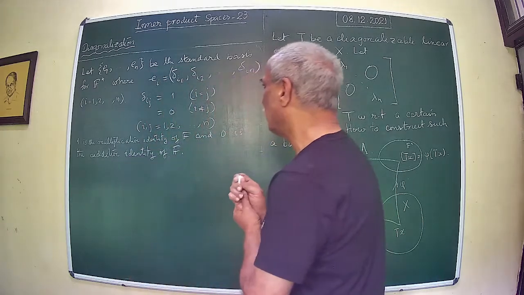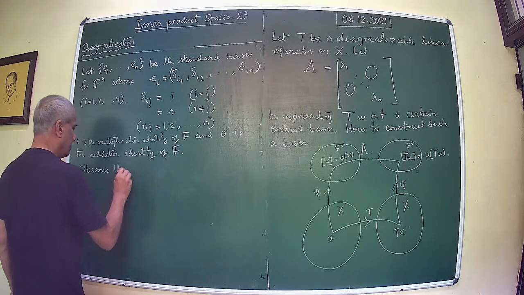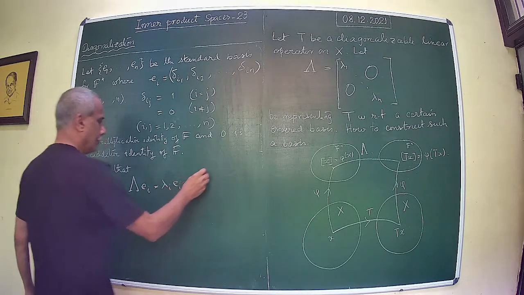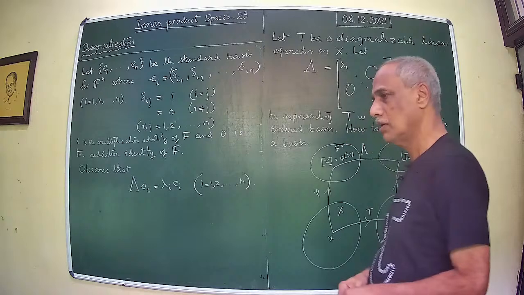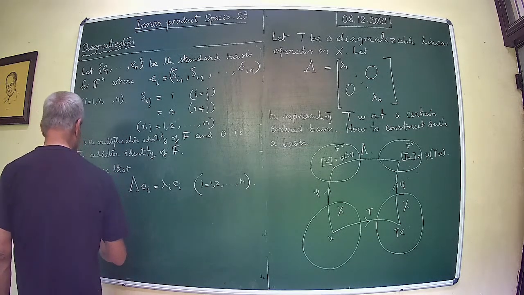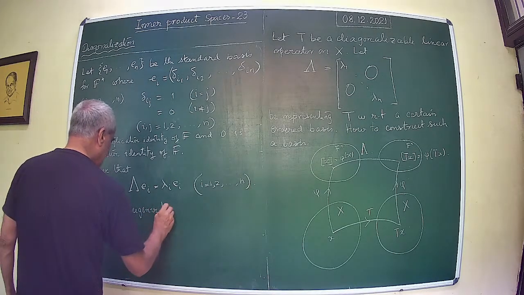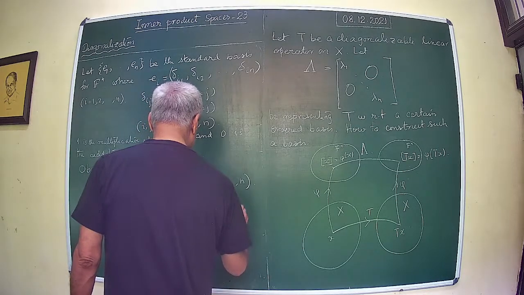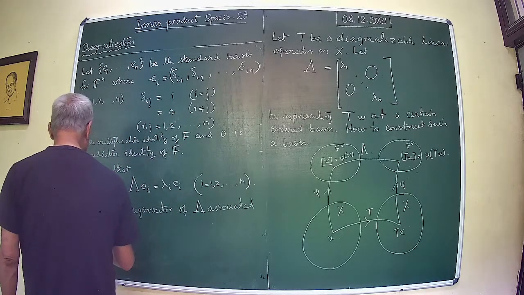Now let us look at the status of this. Observe that e_i is the eigenvector of lambda associated with the eigenvalue lambda_i.